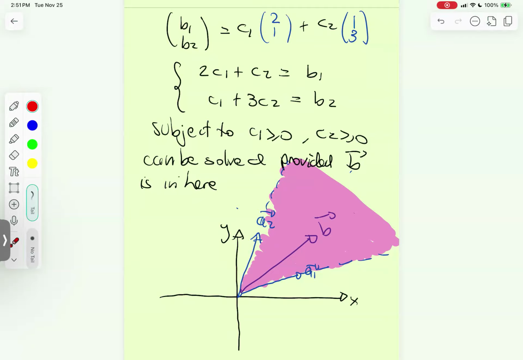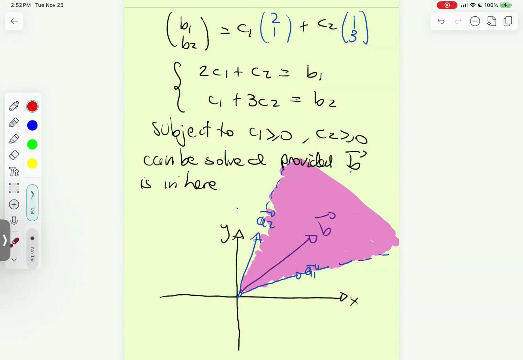I guess what you're saying, Brett, is if you slowly start rotating A2, you have to be careful, because it depends on how you do it. It will always be a convex set, which is the only thing I care about. If you start rotating A2 to face towards A1, it makes almost half the plane.